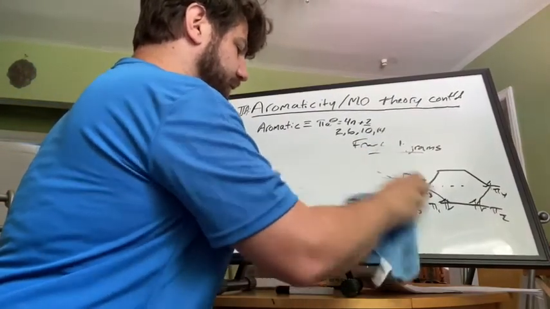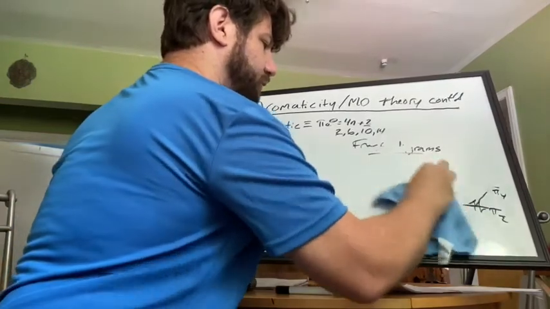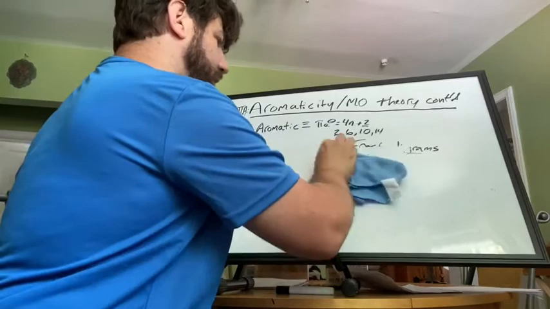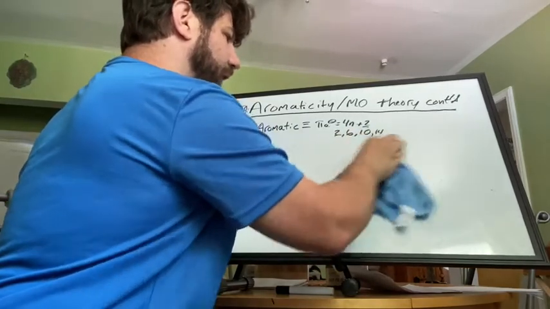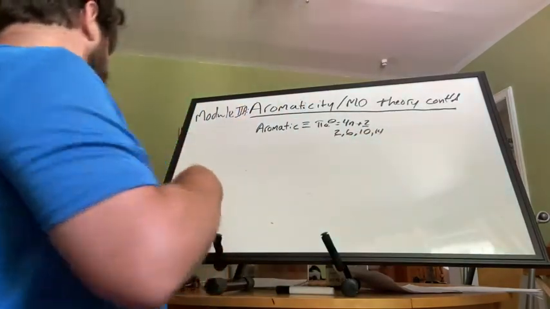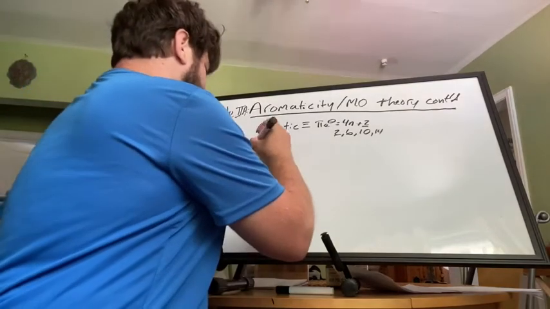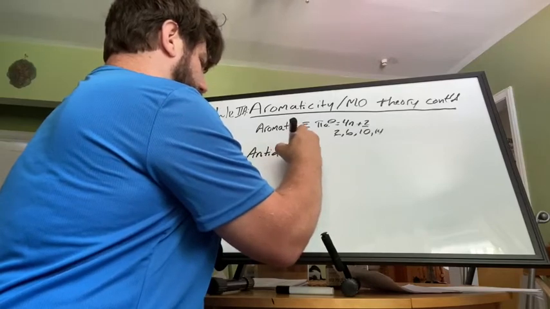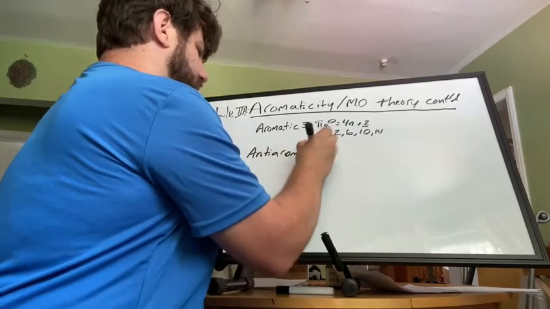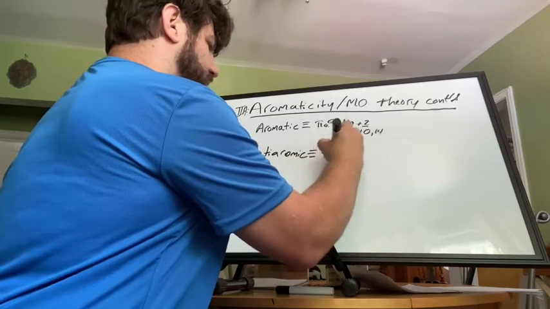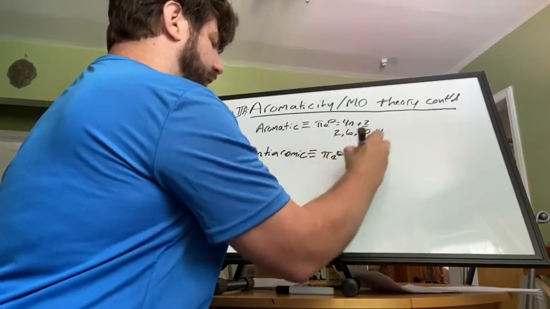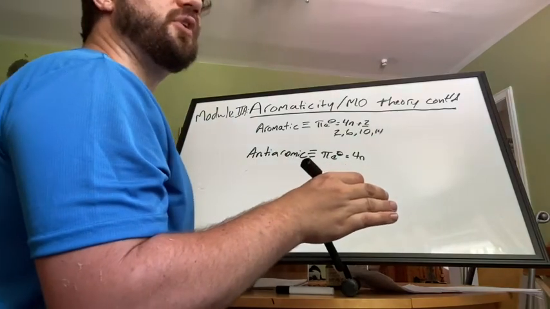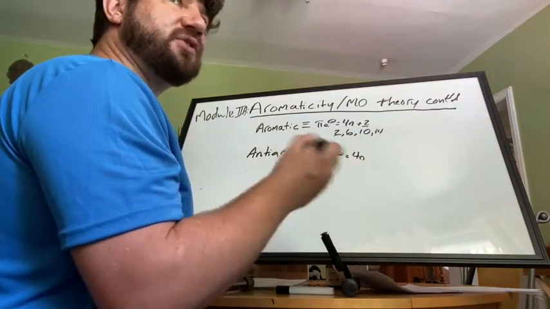Keep Frost diagrams around. At least keep that in your mind for a minute. So we're going to look at a particular ion here in a second. Okay, so anti-aromatic is when the pi electrons follow the convention of 4n. And that's it. So it's not going to be 4n plus 2.